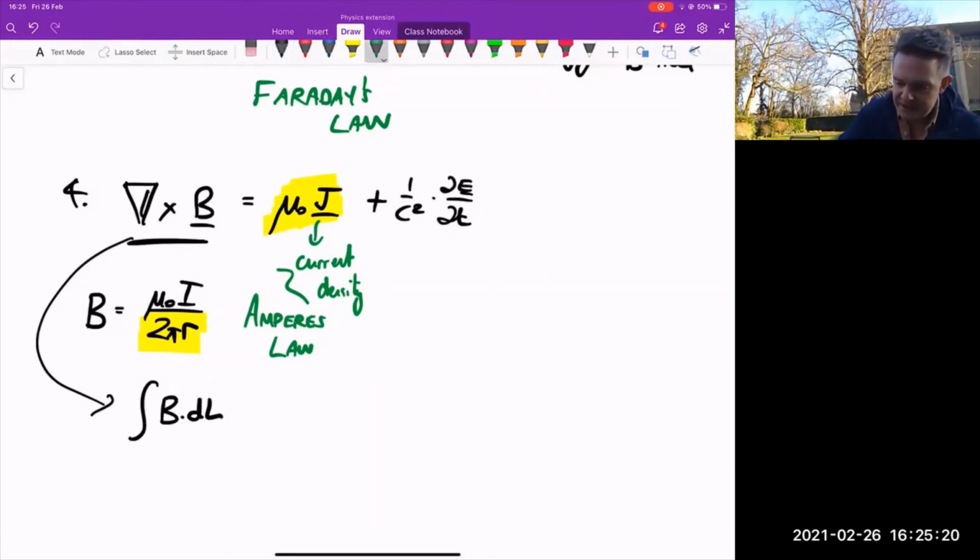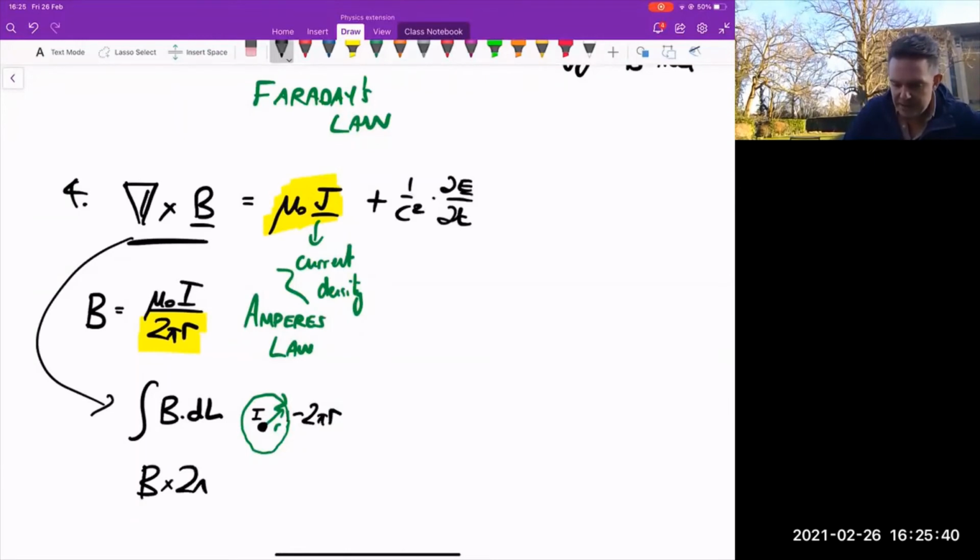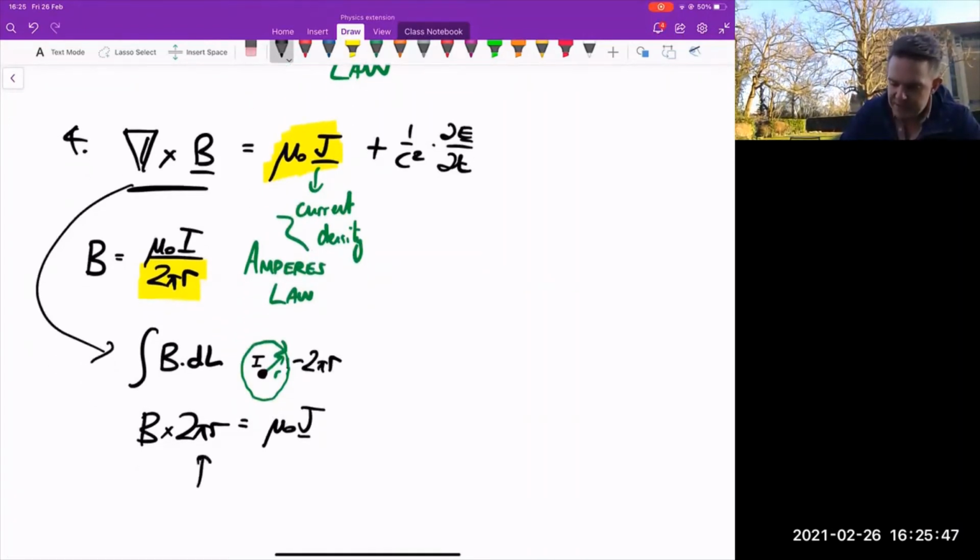So if you consider a circular path of radius r around your wire, say this wire has a current in it flowing towards us, it's got a circumference of 2 pi r. So we get B times 2 pi r equals mu naught j, current density. So you can see that B is mu naught j over 2 pi r. So even that equation, which some of you have come across, comes from this directly.